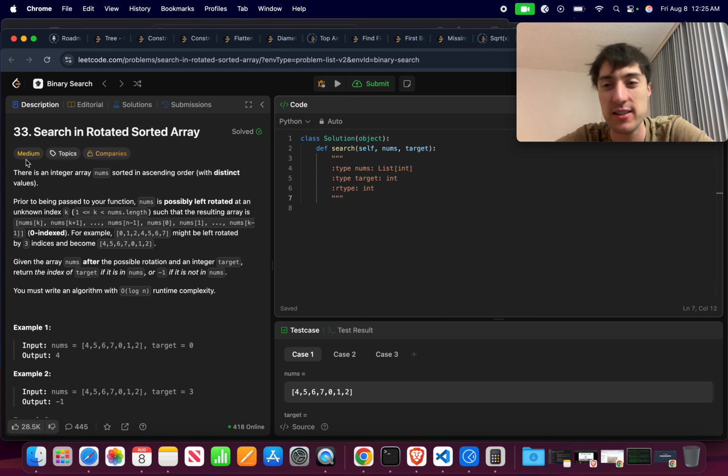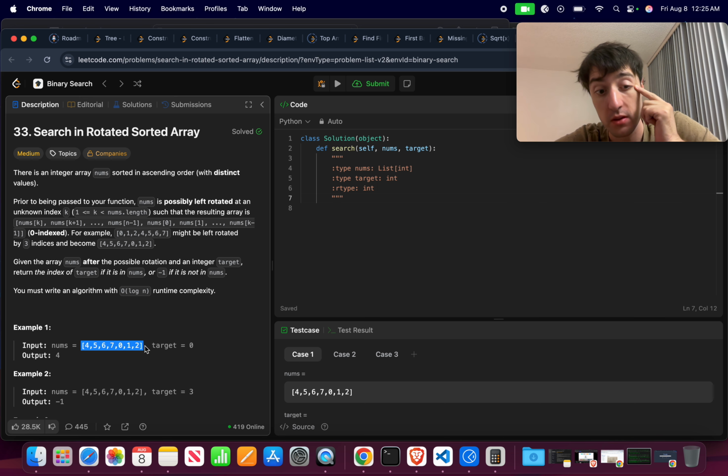Anyways, the idea of this is we have a list here, and there's some pivot point. For example, normally the sorted list would go 0, 1, 2, 4, 5, 6, 7, in ascending order. So this is rotated.